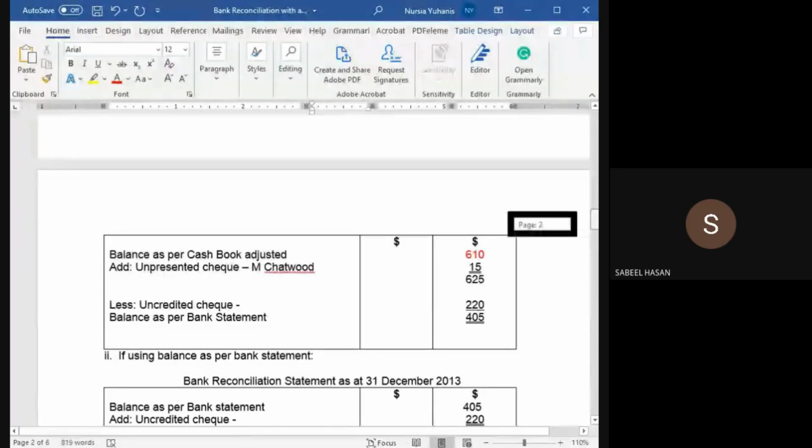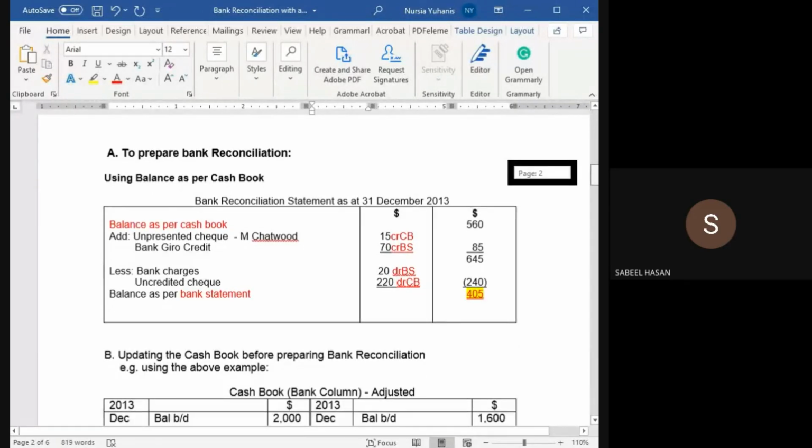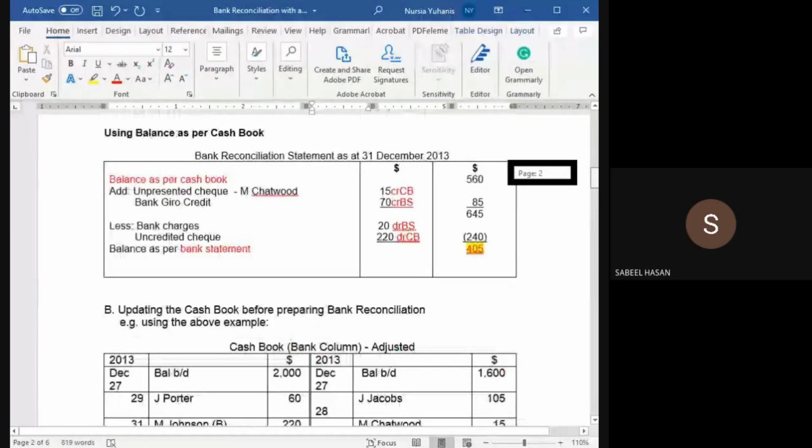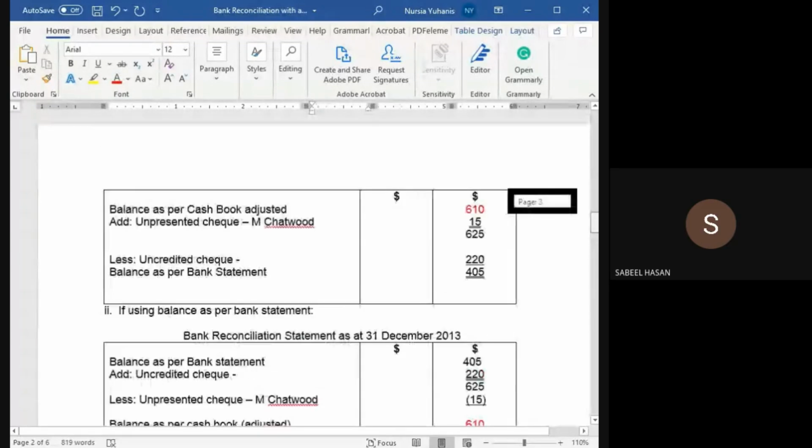But I think it is better to use the first method, because there you just list down whatever items are to be added, and then list down what items are to be deducted. But this is up to you. You can prefer whichever you like. Any method is acceptable as long as the final answer is 405. Here you see, if you use the second method, you still get the same figure 405.